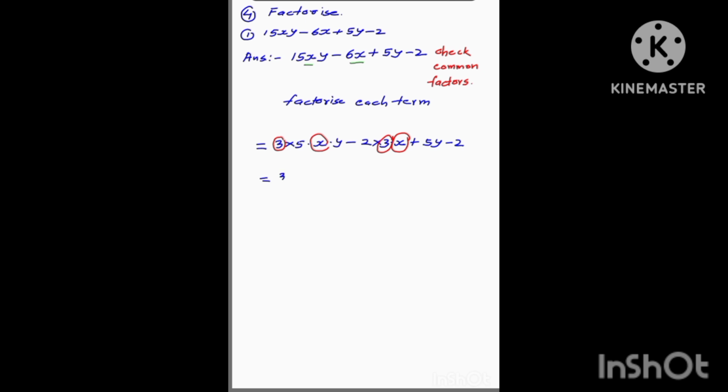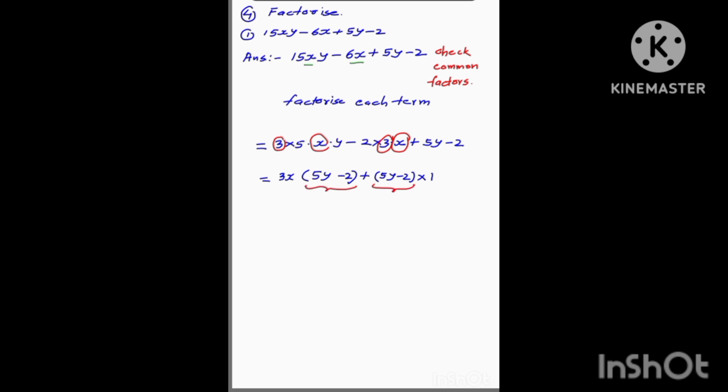Then proceed by taking 3x common, and what remains inside is 5y minus 2. And write that term plus 5y minus 2 also in a bracket, multiplied by 1, because there is a 1 multiplied to it. We need it in solving going ahead.